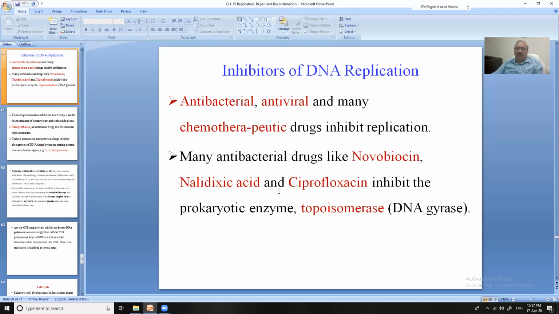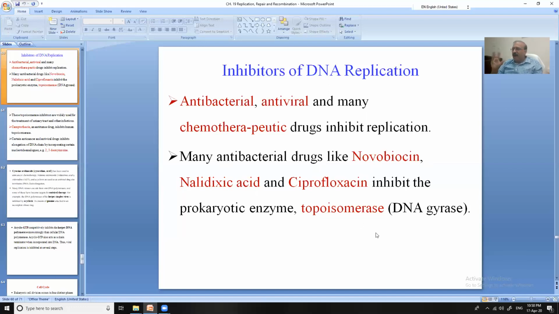These are the inhibitors of DNA replication. Antibacterial, antiviral, and many chemotherapeutic drugs inhibit replication. Many antibacterial drugs like novobiocin, nalidixic acid, and ciprofloxacin inhibit the prokaryotic enzyme topoisomerase, also known as DNA gyrase.